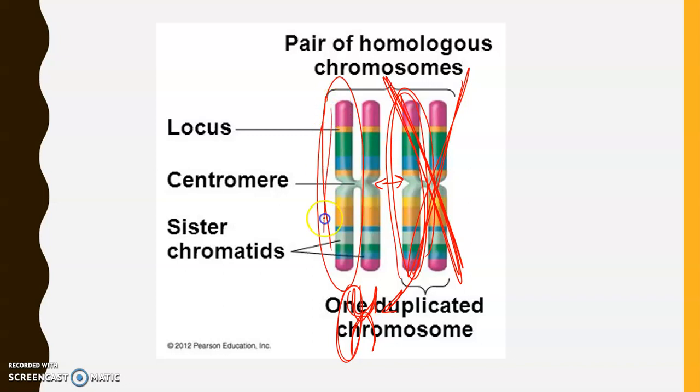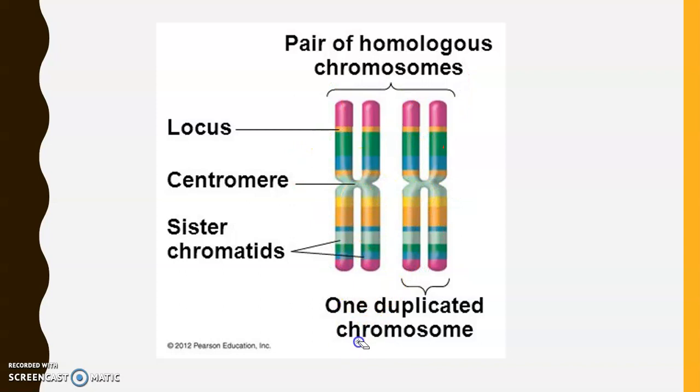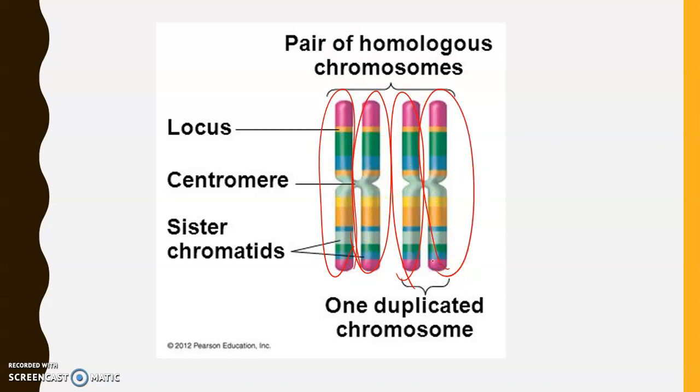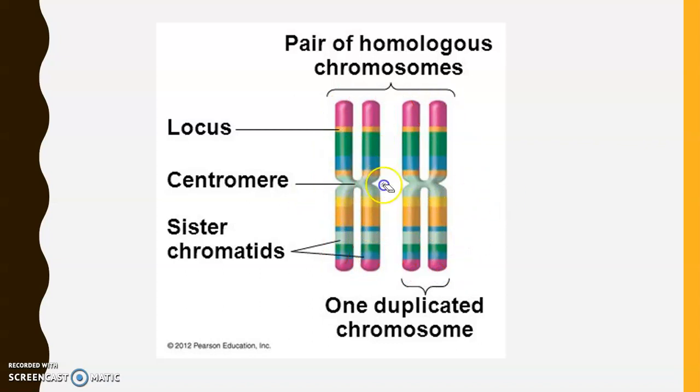This is the one from your mom that you inherited, and this guy is the one from your dad that you inherited. So in the end, when you have your two new daughter cells, they're both going to have one of these and one of these. One of them is going to get those two, and the other daughter cell is going to get these two, right? So each cell has a copy from your mom and from your dad. That's the 23 pairs.